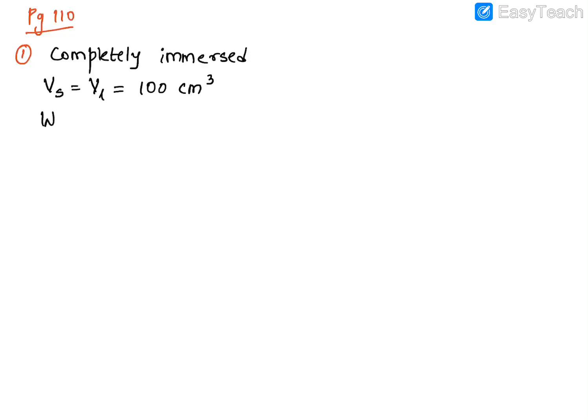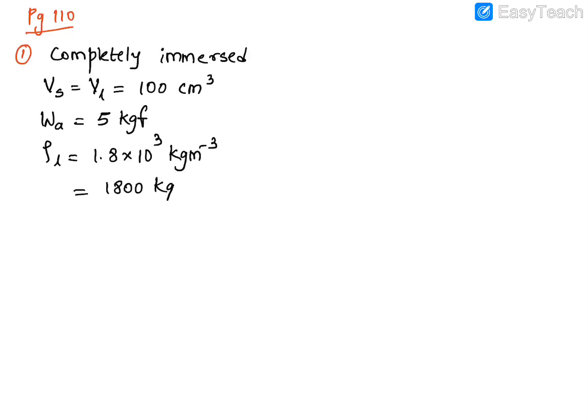It is 5 kgf, that means 5 kilogram force. It is immersed in a liquid with density 1.8 into 10 raised to 3 kg per meter cube, so that means it is 1800 kg per meter cube. You have to calculate the upthrust and the weight of the body.